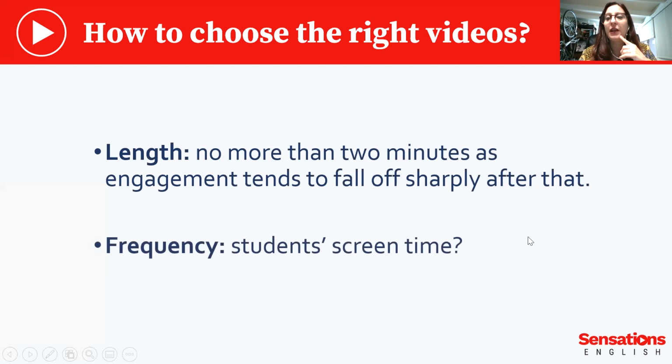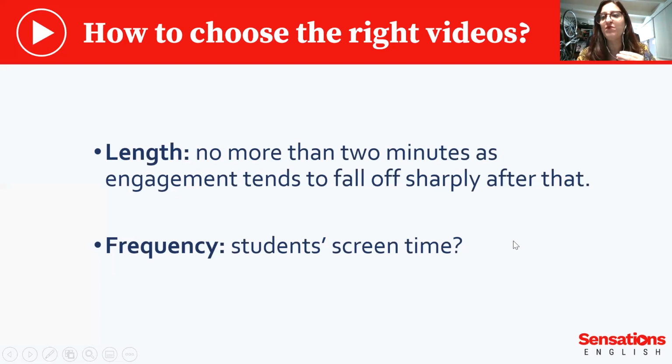In terms of frequency, I'm afraid I don't have an answer to that because that is so context related. But mostly we need to ask ourselves, how much screen time are our students having already? Do we want to add more screen time?